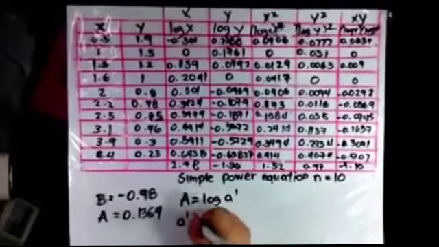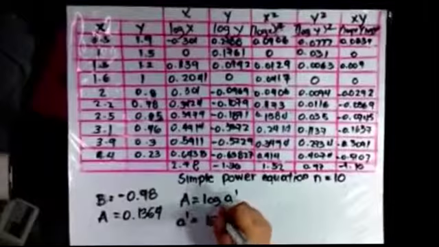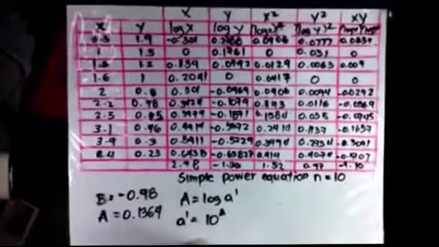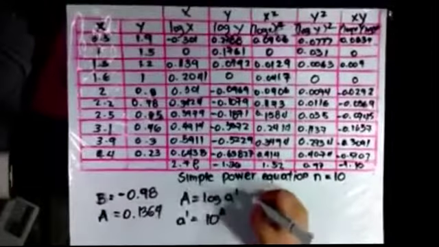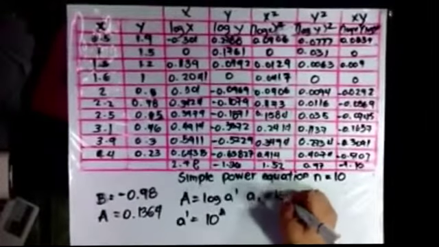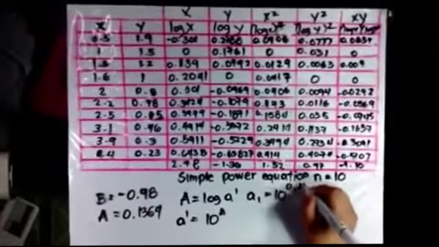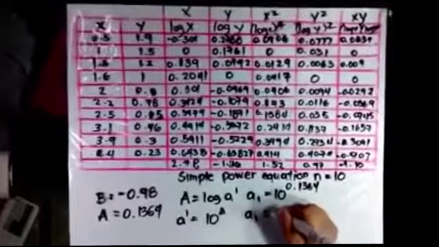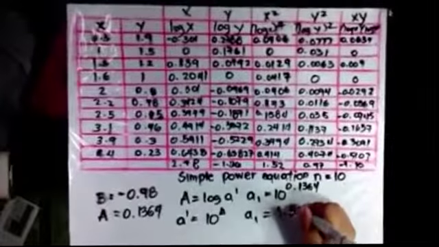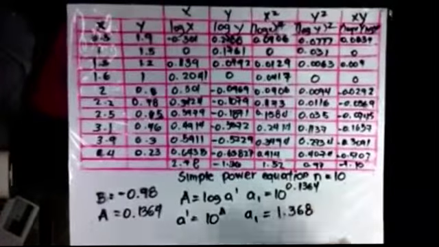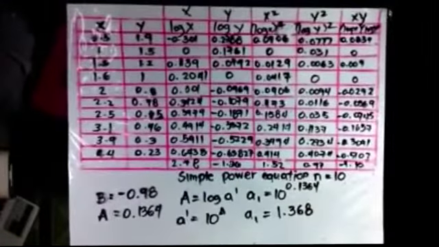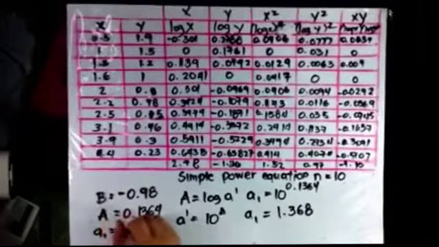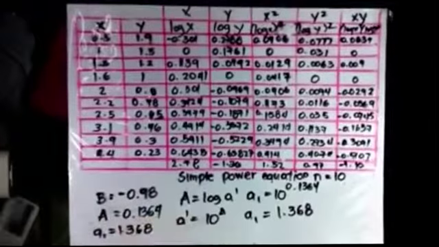So A sub 1 is equal to 10 raised to A. Then substituting the value of A, we get A sub 1 is equal to 10 raised to 0.1364, which is equal to 1.368. So A sub 1 is equal to 1.368.